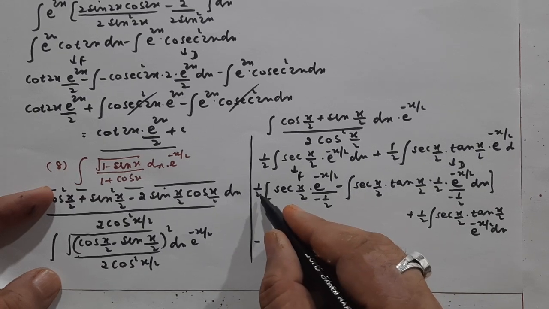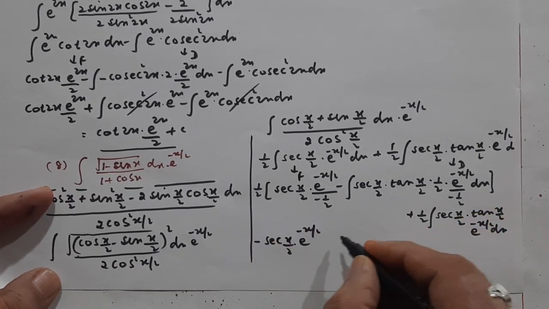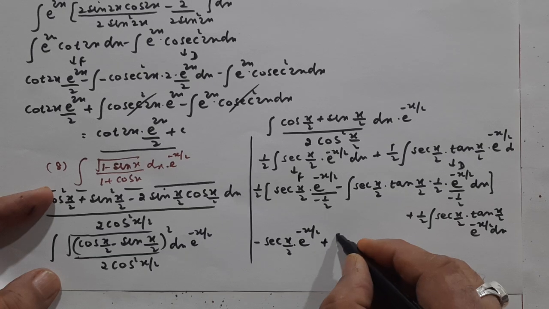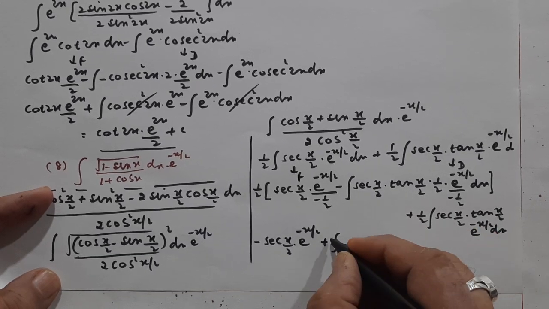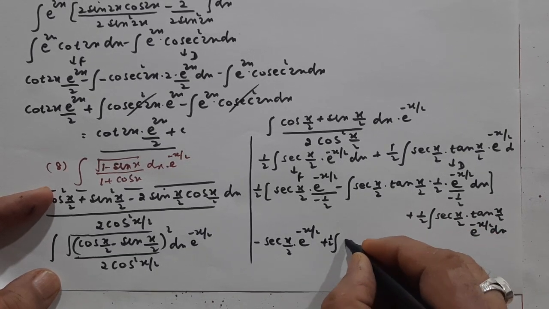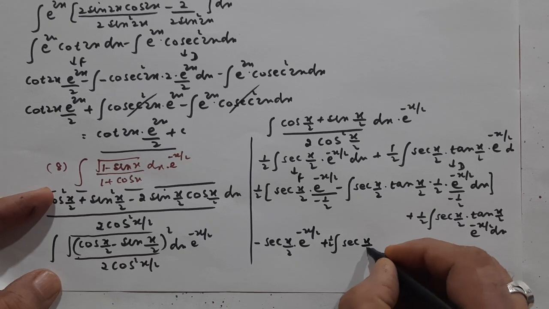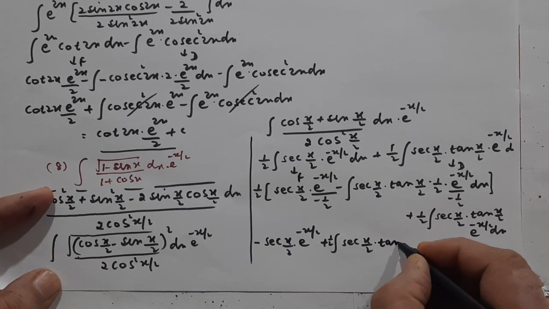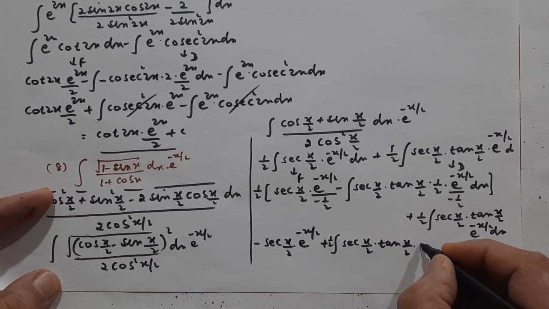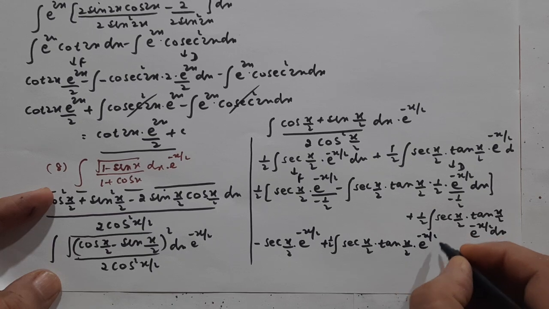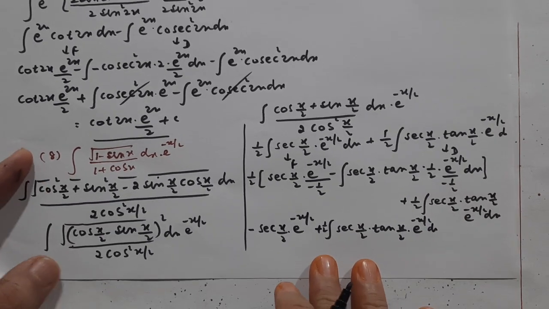And when we multiply this half with this term, we get plus 1 by 2 outside, secant of x by 2 into tangent of x by 2 into e power minus x by 2 dx, like this.